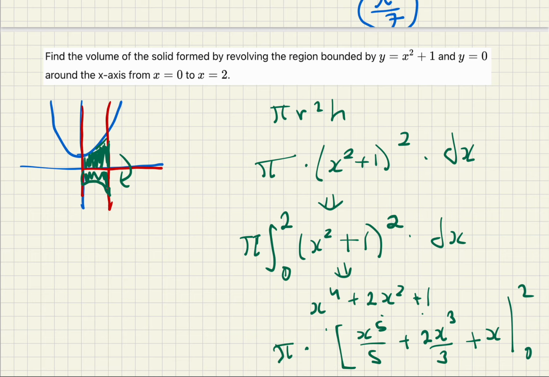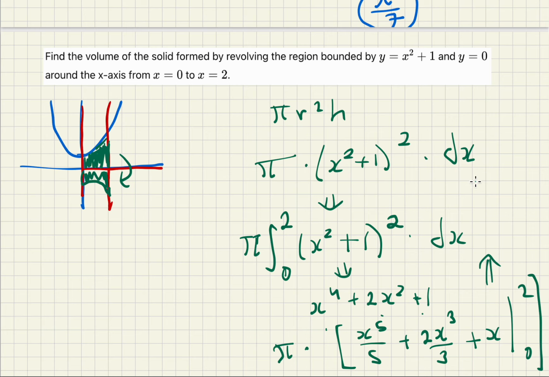Multiply that by this, and all we need to do now is plug in 2. 2 to the power of 5 is 32, right? And so 32 over 5, you can leave that as a fraction. 2 to the power of 3 is 8, 8 times 2 is 16.